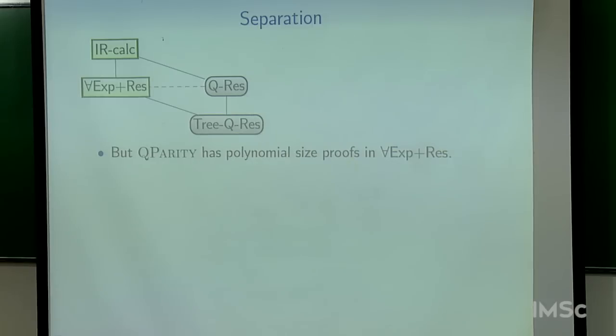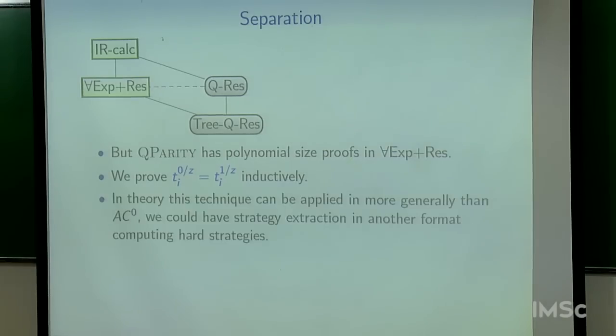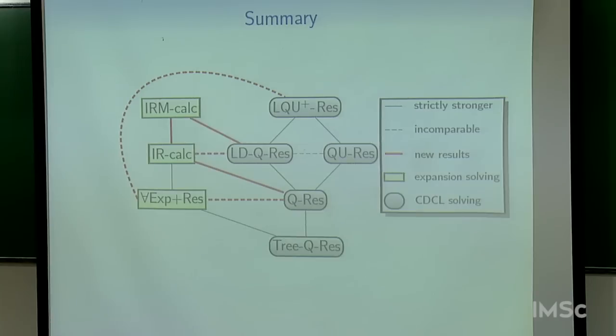Now we need to say very quickly why this gives us a separation. We had these auxiliary variables. In the expansion calculus, we proved inductively that the two annotations of these literals are equal, and we can easily get a short refutation for expansion plus resolution. So in summary, we've created a number of new results.